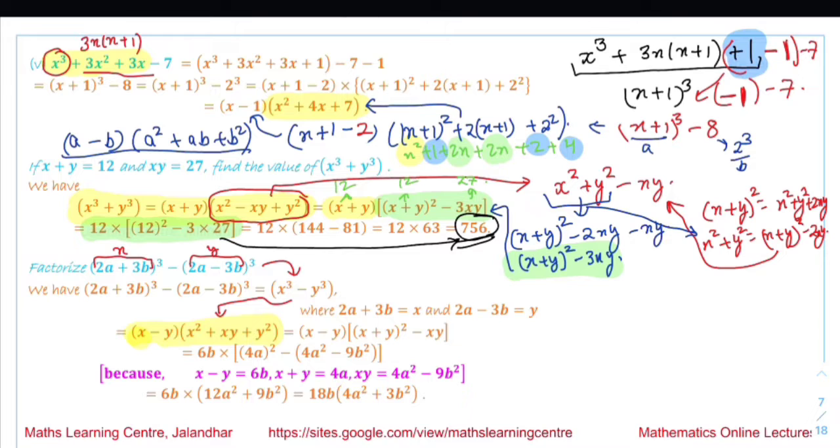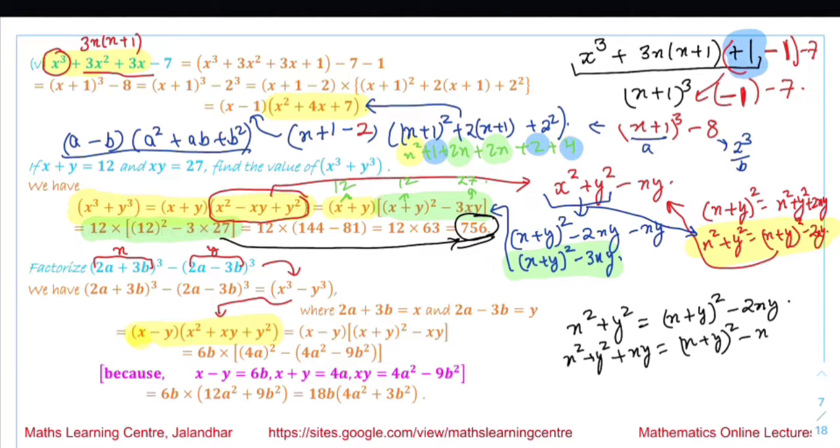Now for x square plus xy plus y square, we can write the value of x square plus y square as follows: x square plus y square is equal to (x plus y) whole square minus 2xy. So x square plus y square plus xy is equal to (x plus y) whole square minus xy.